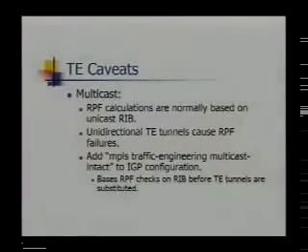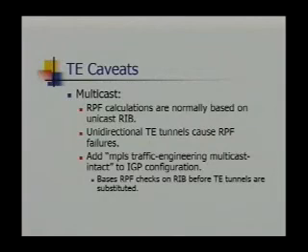If you're doing multicast of one form or another on your network, the multicast RPF configurations are normally based on your unicast RIB. Unidirectional TE tunnels, because they don't go back and forth, cause RPF failures. Things go boom.